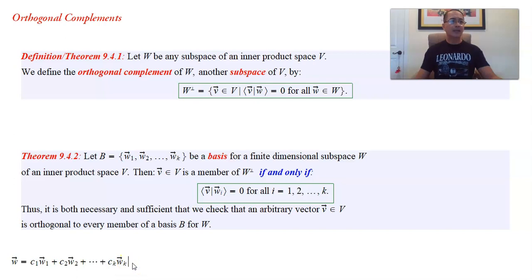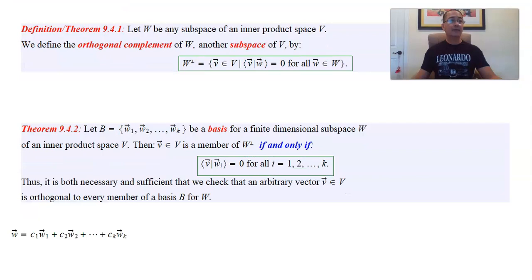There it is. Then what do we have to do? Well, we want to check that it's enough that the inner product of V is 0 for every one of these basis vectors. So suppose that the inner product of V with w1 is 0.